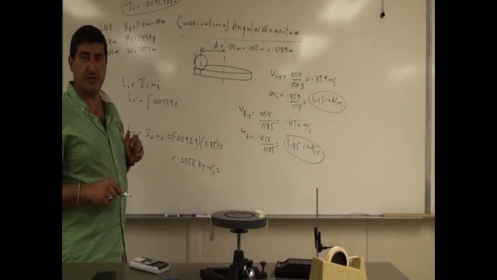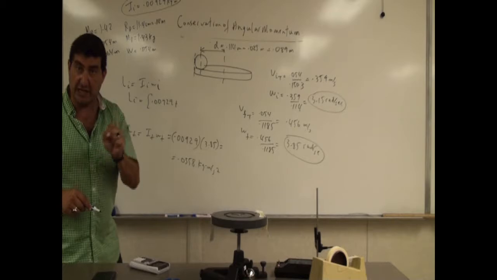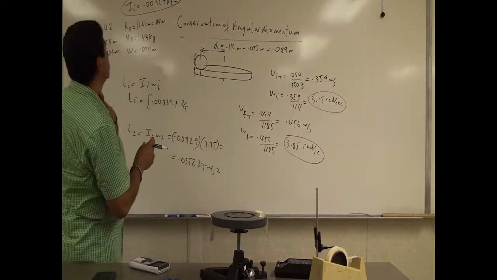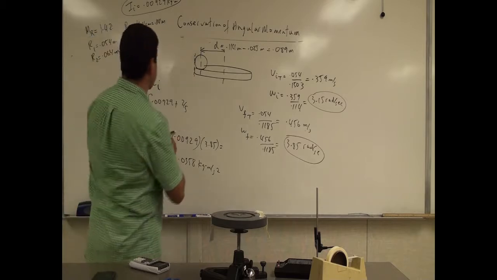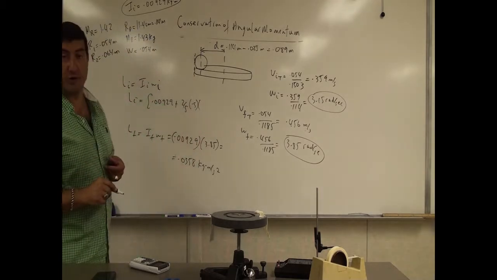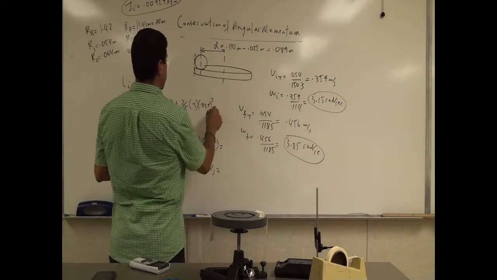What is the moment of inertia of a sphere? It's 2/5 of the mass of the sphere times the radius of the sphere squared. The mass of the sphere was 0.5 kilogram. The radius of the sphere was 2.5 centimeters, so 0.025 squared.